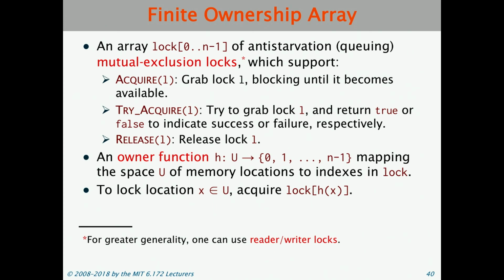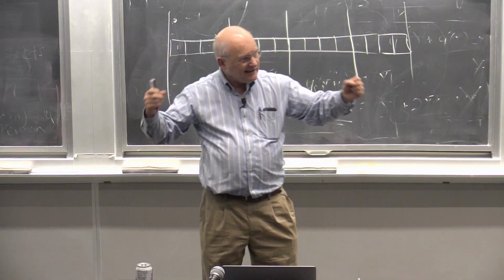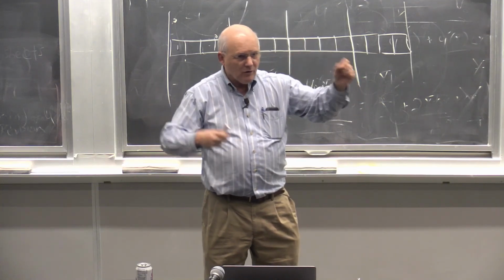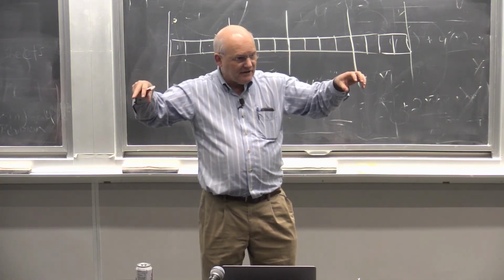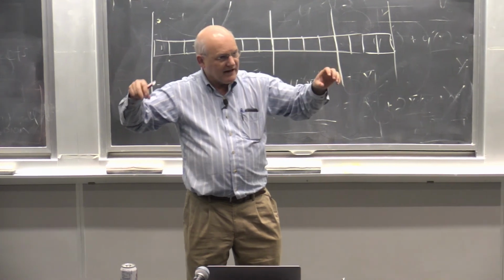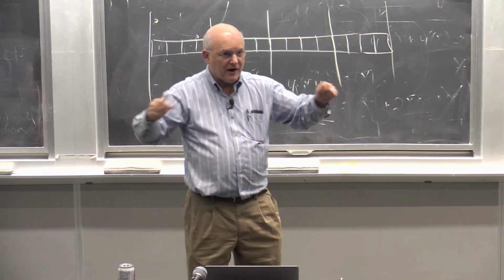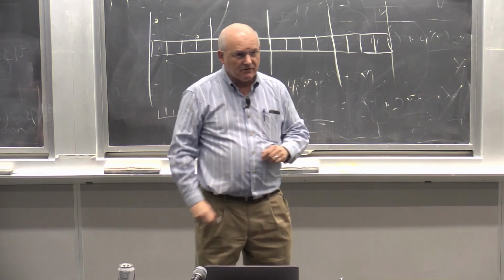So rather than actually locking the location or locking the object, I lock a location that I essentially hash to from that object. So if two guys are trying to grab the same location, they will both grab the same lock because they've got the same hash function. But I may have inadvertent locks where, if I were locking the objects themselves, I wouldn't have them both trying to acquire the same lock. That might happen in this algorithm.